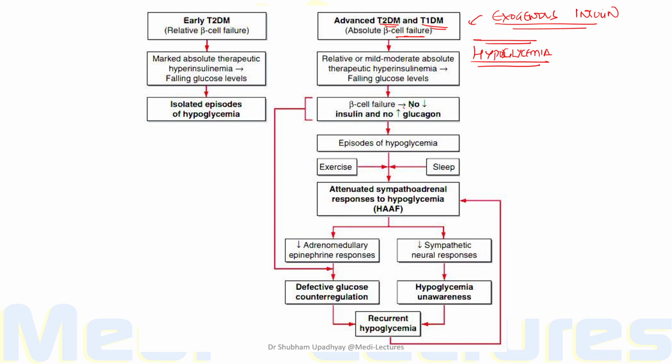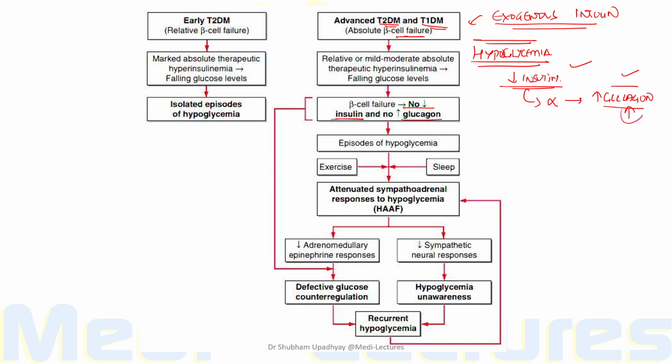So there will be no decrease in insulin secretion from the endogenous pancreas, and this decreased insulin from the body is sensed by alpha cells, which increase the glucagon secretion. So this second defense is also lost. First defense is lost, second defense is lost.